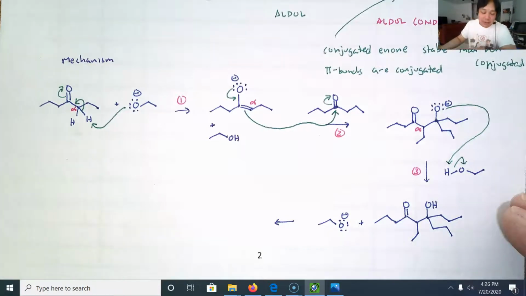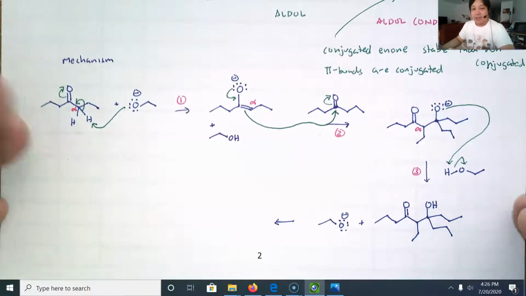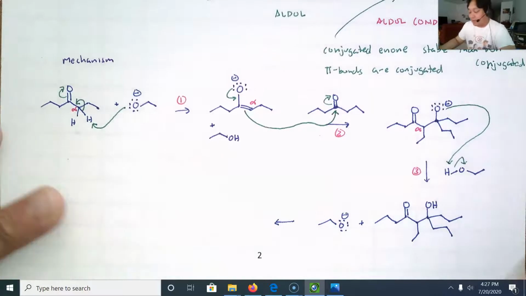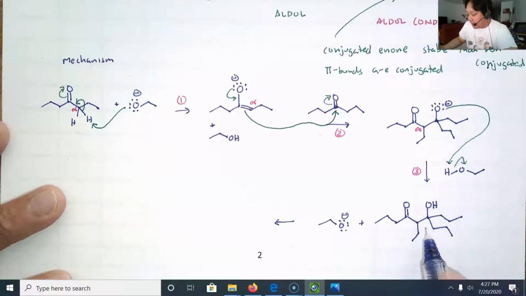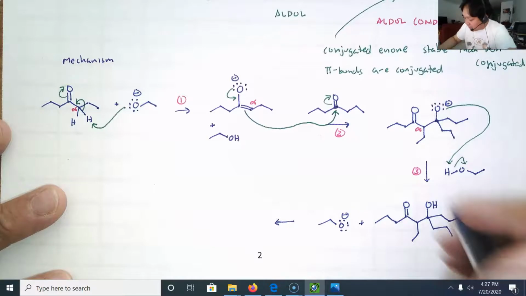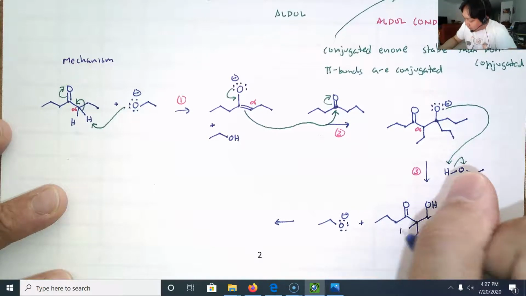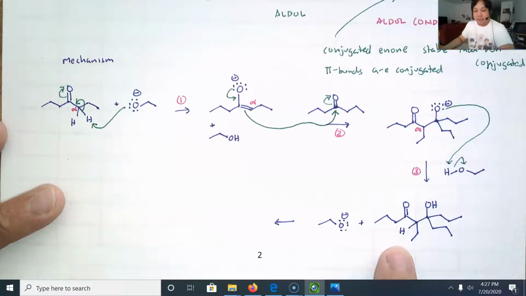Elimination, dehydration, condensation, those 3 mean the same thing in this reaction. Remember that we want to try to make the double bond between the alpha and the beta so it becomes conjugated. We do have a hydrogen right here, so we could do that.